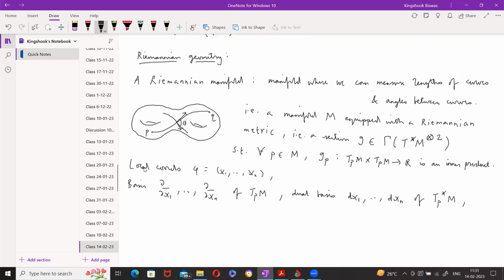So what is my basis of the cotangent bundle tensor product square? That will be dxi tensor dxj.